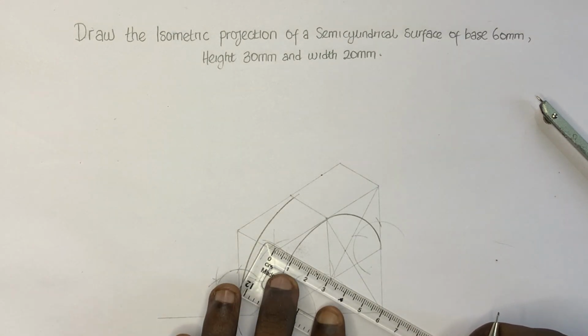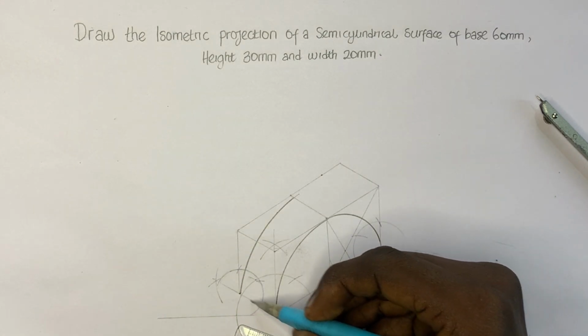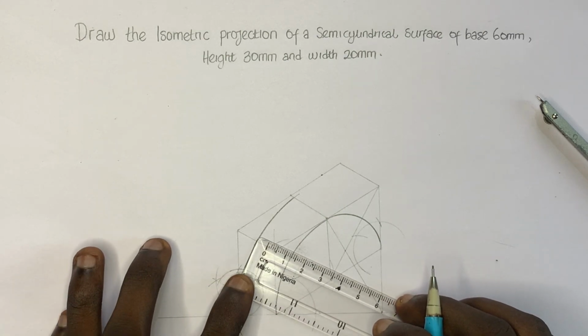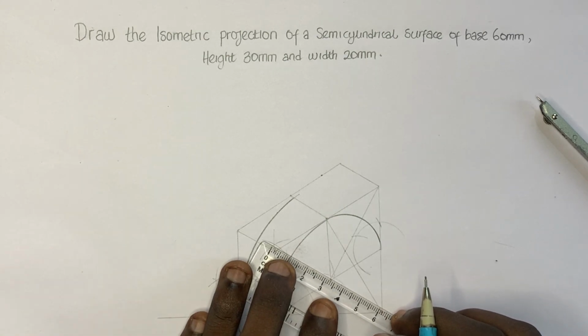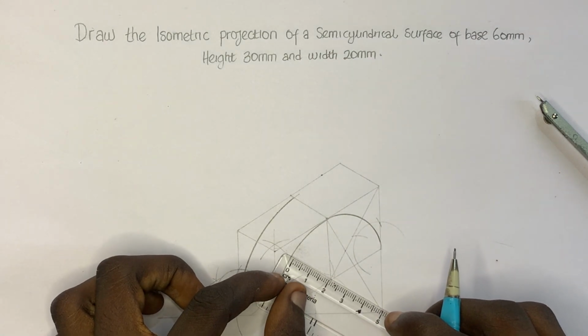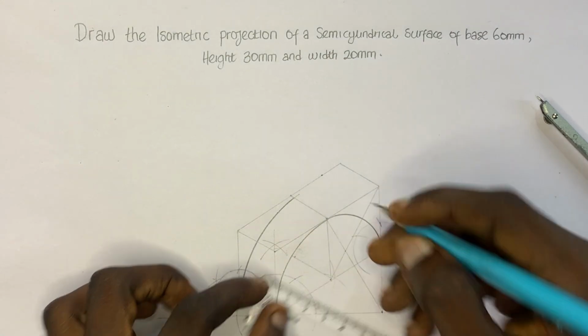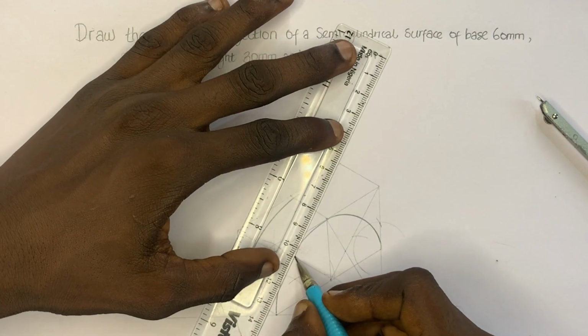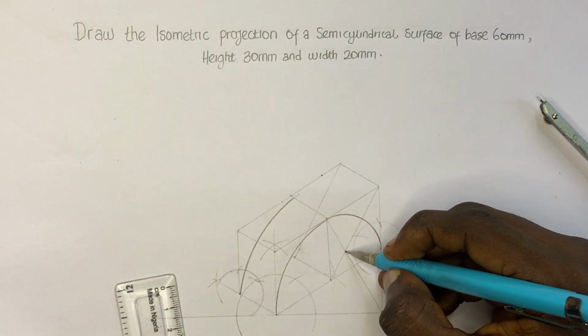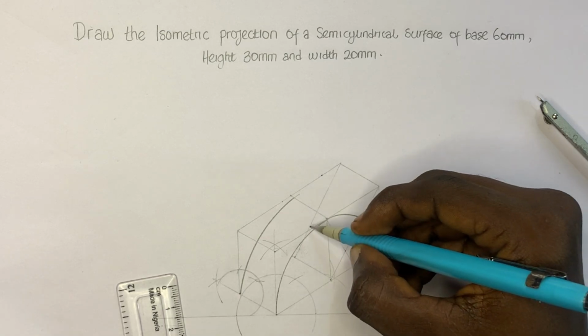So we have to draw the base, this part, at this side also. And so that our thickness was 20 millimeters, we can now join these 2 points together. Now you have to mark the same points also on this line.